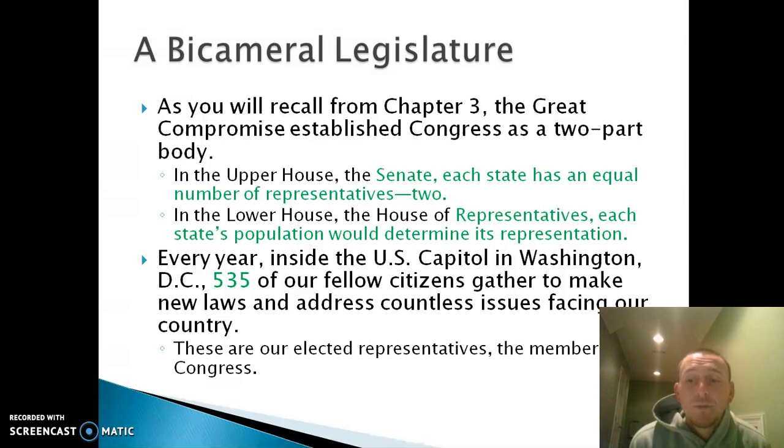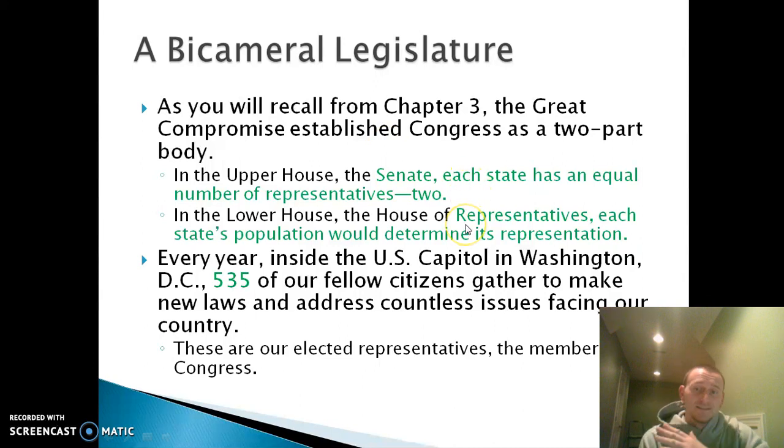There will be 2 senators from each state, so each state has equal representation in the Senate. That's exactly 2 times 50, which is 100. There are exactly 100 senators in Congress.